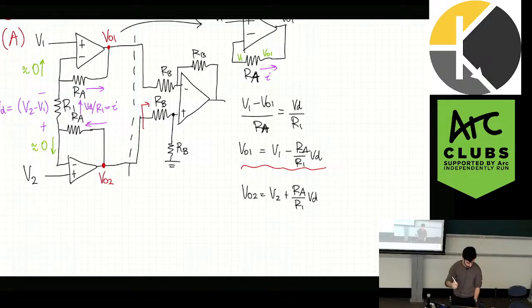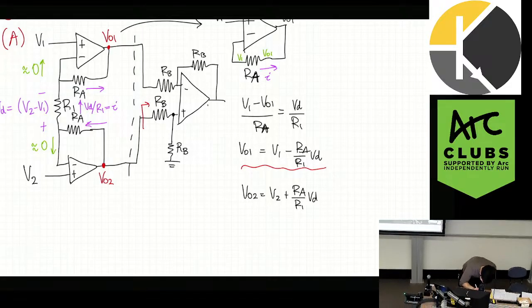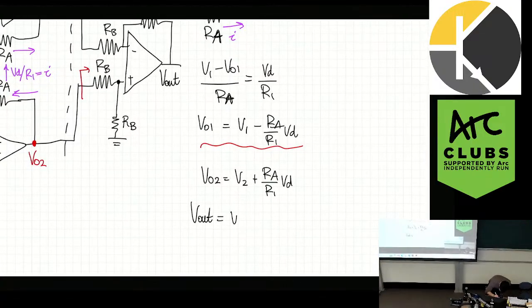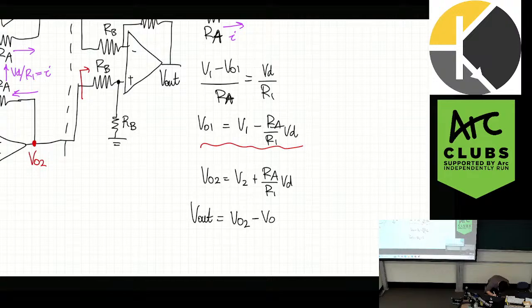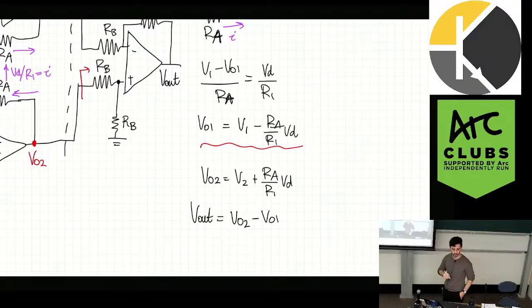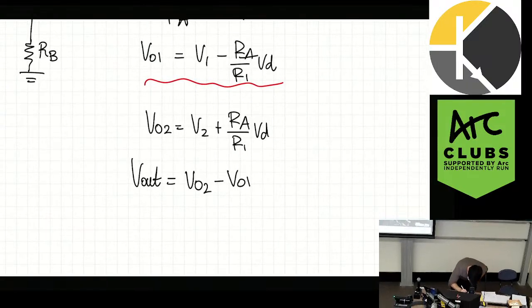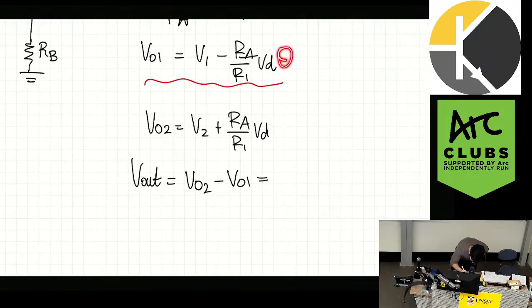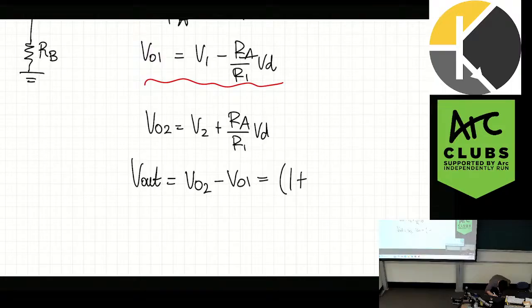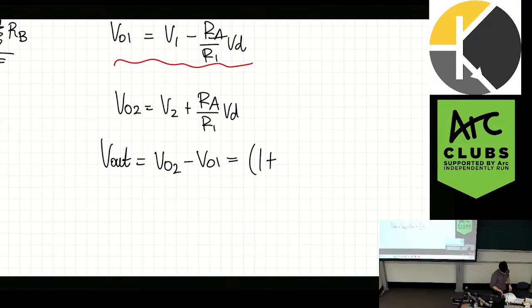So if it has a gain of 1, this output here, Vout, is just going to be Vout2 minus Vout1. Just because there's a gain of 1. And when you subtract this one from this one, you get 1 plus, what do you get?